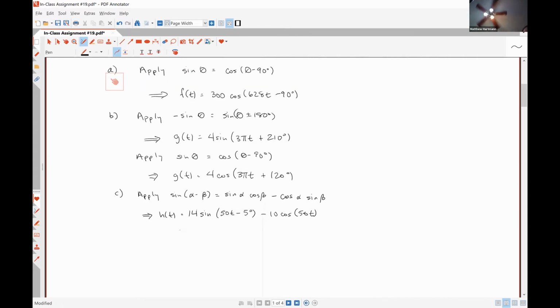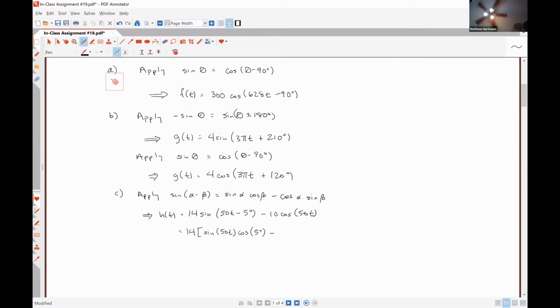So if we apply that trig identity, we can get 14 times sine 50t cosine 5 degrees, where all I've done is I've set alpha equal to 50t and beta equal to 5 degrees.